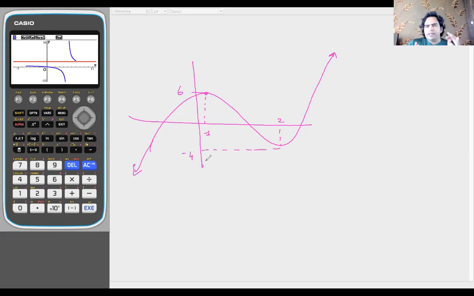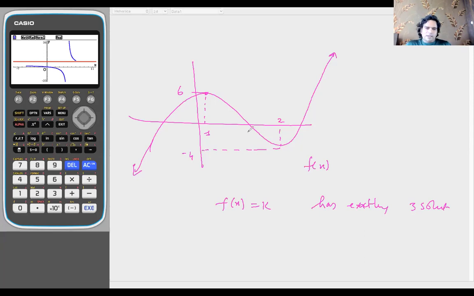Now this is the f of x graph, and when you draw f of x equals k, it has exactly three solutions. Find out what range of k values you can take.